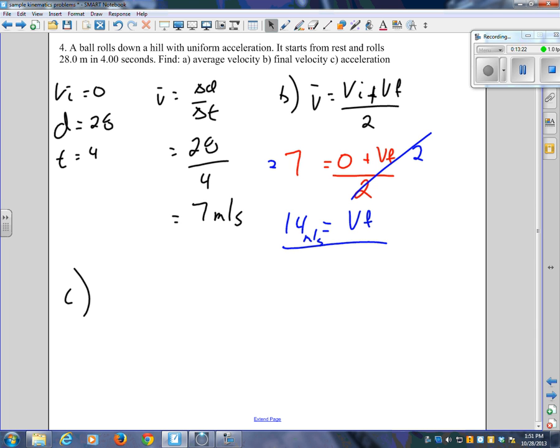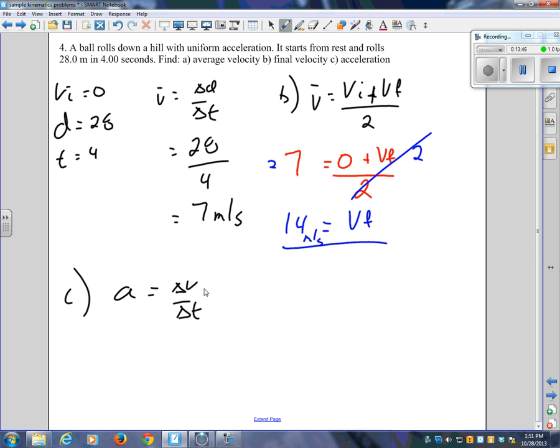Acceleration is a equals delta V over delta T. Please do not write it down yet. Do I have the acceleration? No. Do I have the delta T? It is equal to 4.